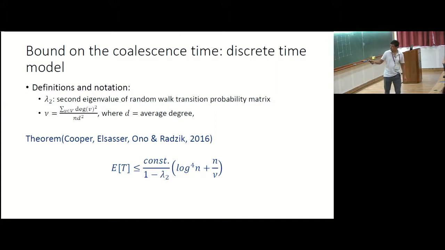No, you have n. The worst the second term can be is n. If you have a regular graph or a fairly homogeneous degree distribution, nu is a constant, so you get n.